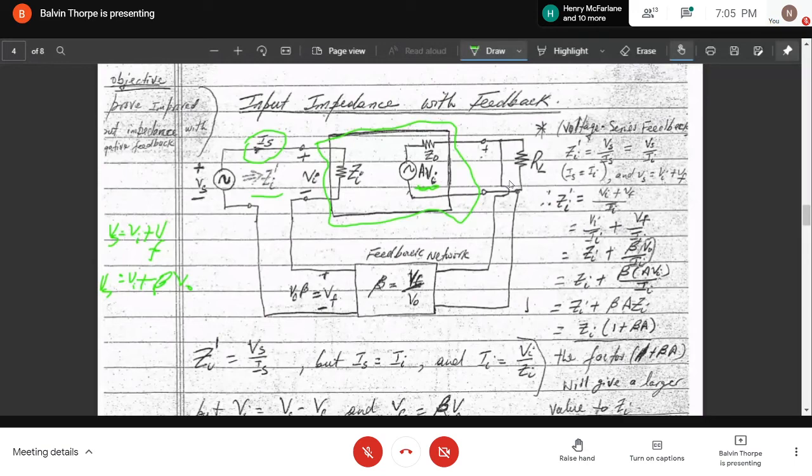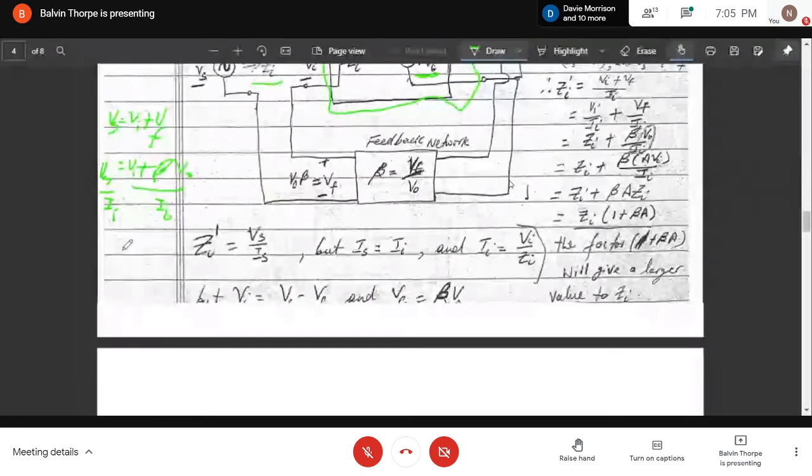So this is our objective: VS over IS, which is the same thing as VS over II, because IS equals II, which means we could write this all over II. Agree?